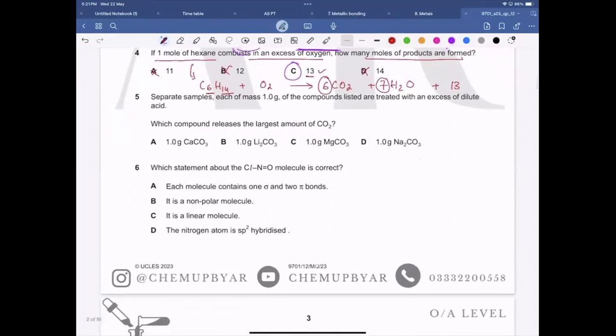Now question number 5. Separate samples, each 1 gram of the compounds listed, are treated with an excess of dilute acid. Which compound releases the largest amount of carbon dioxide?